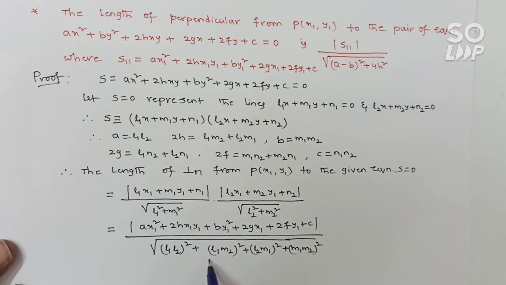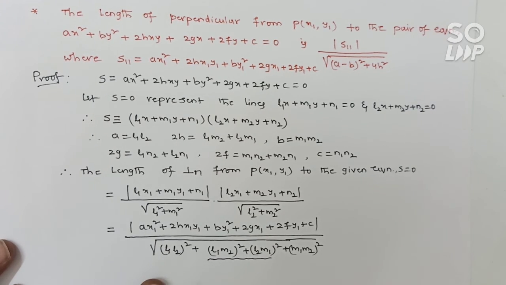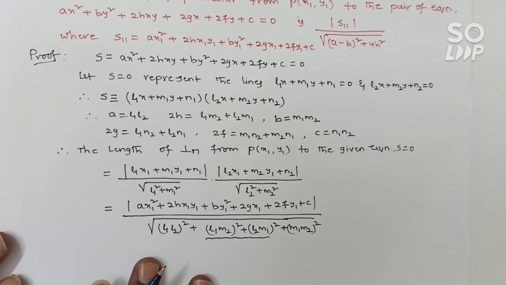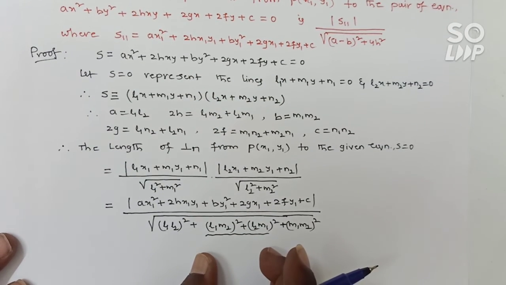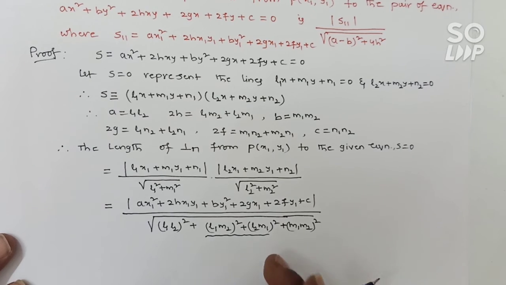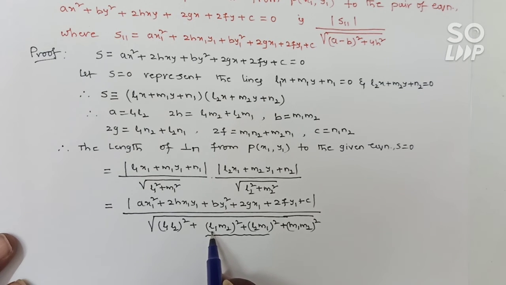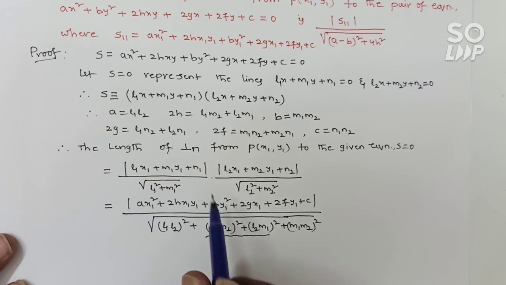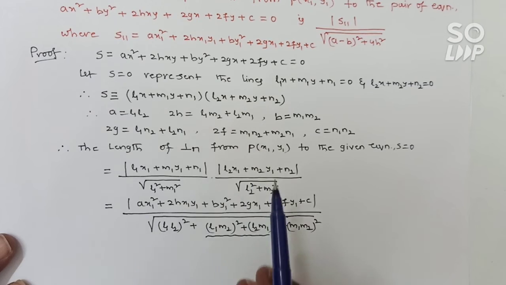But only these two terms you have to reduce for our convenience. So here this one is in the form of a square + b square. We know that L1 m2 + L2 m1 is 2h.